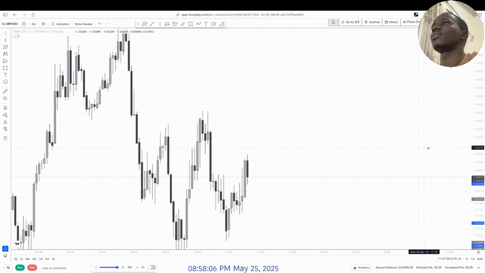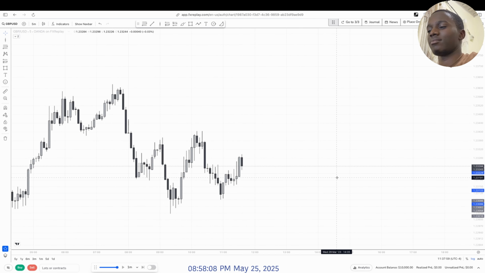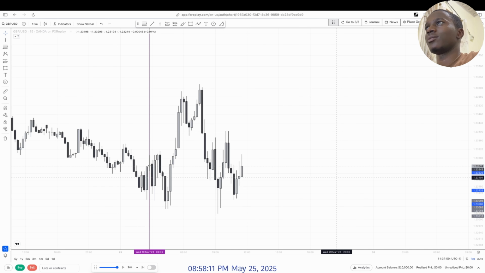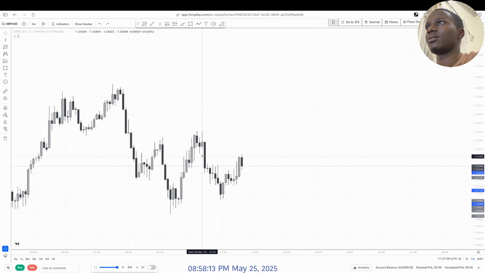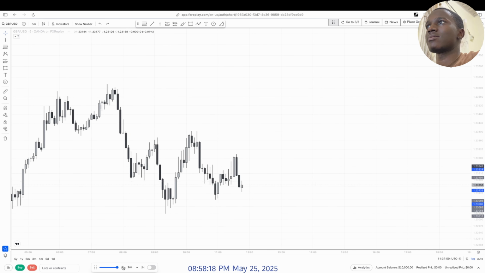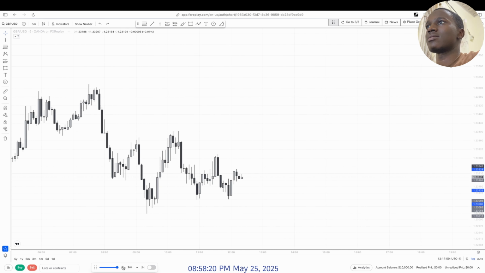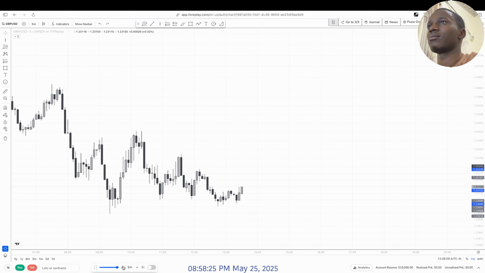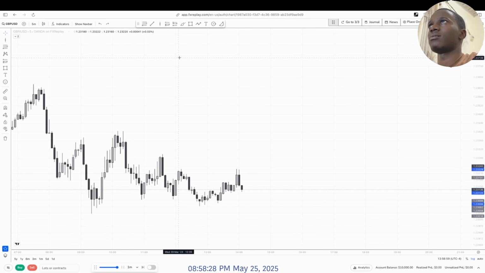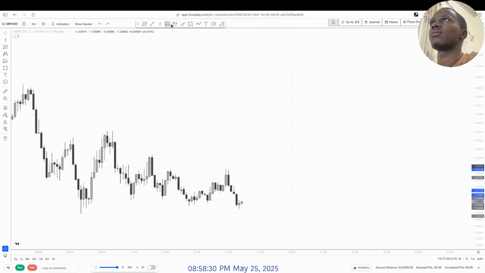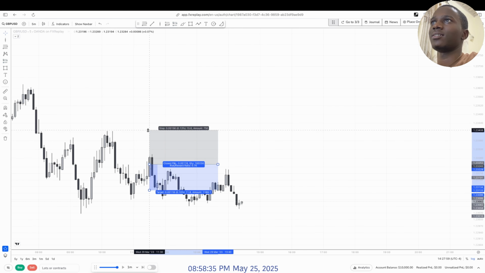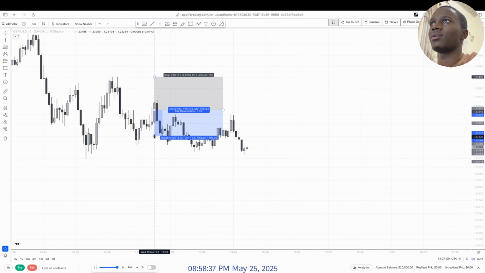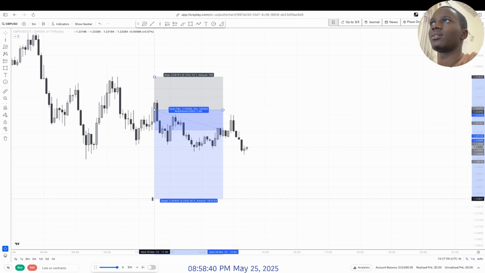But ideally, the normal view can see that we had a sweep and a fair value gap retest. So if someone entered without considering the silver bullet just right here and targeted like 1 to 3, I don't think you would get it.